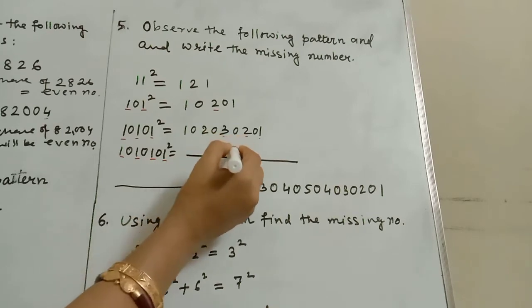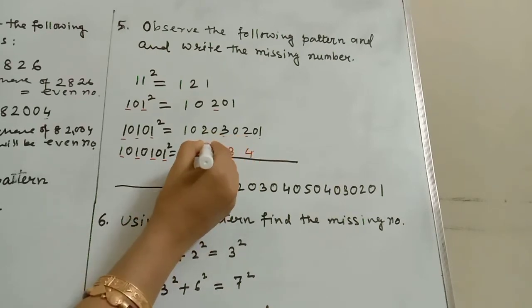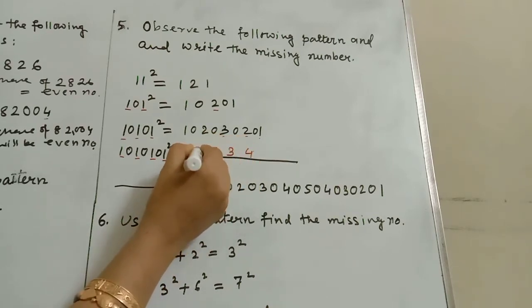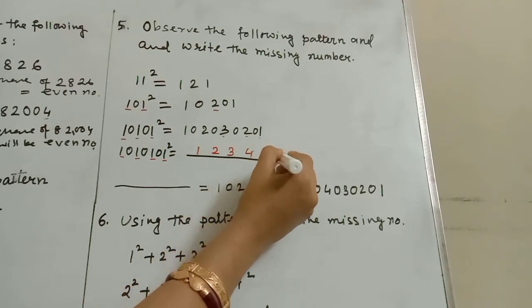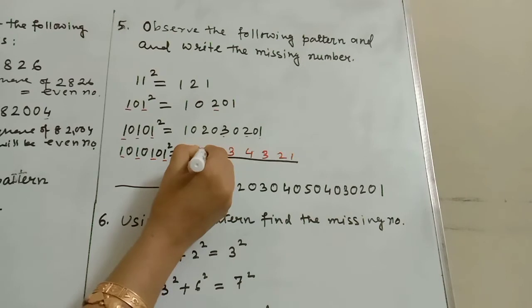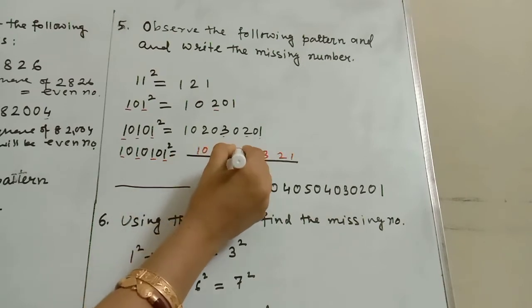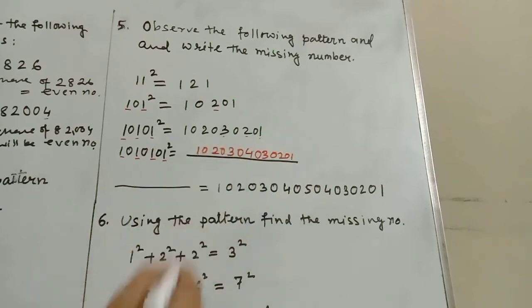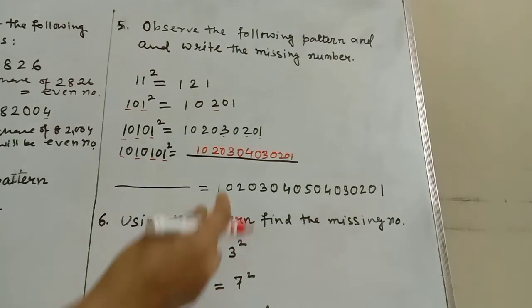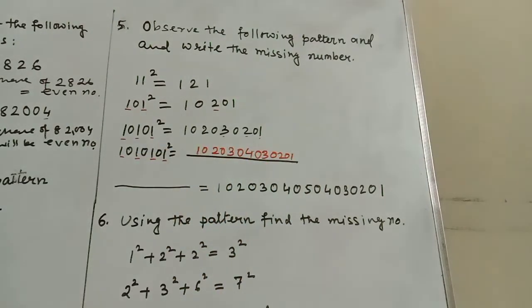Then 3, 2, 1, again 3, 2, 1, and in between 0s. You can multiply and verify whether the answers are correct or not.